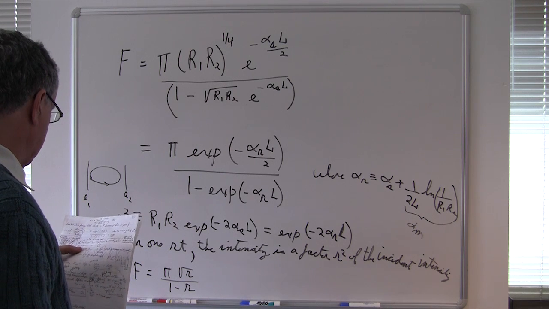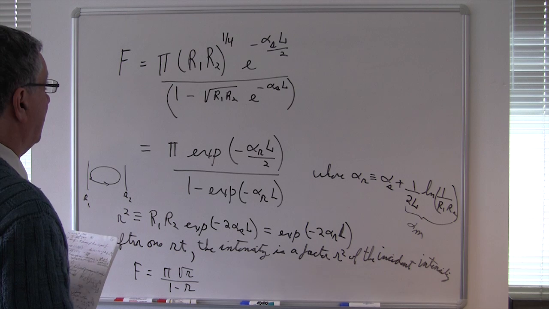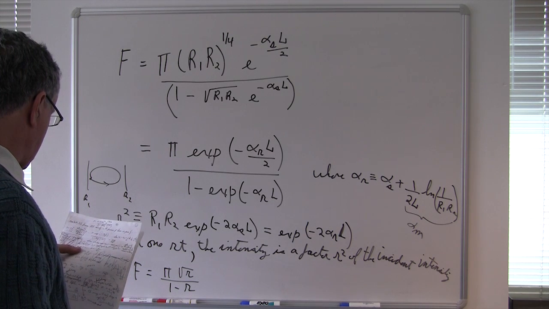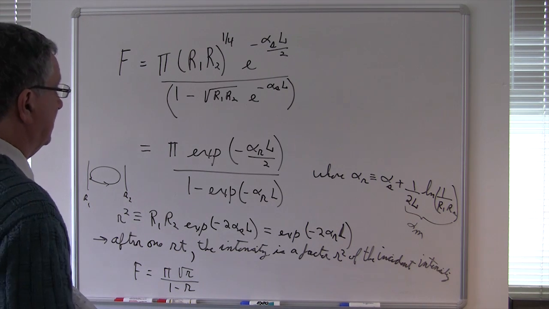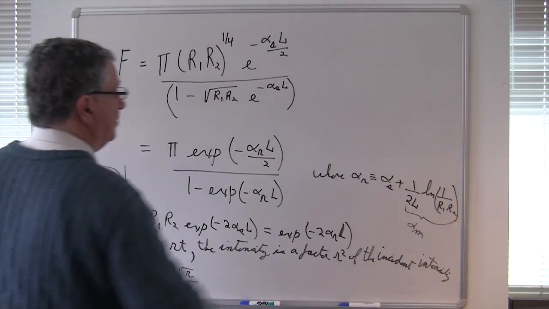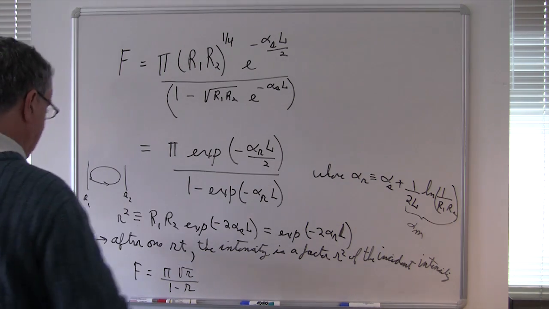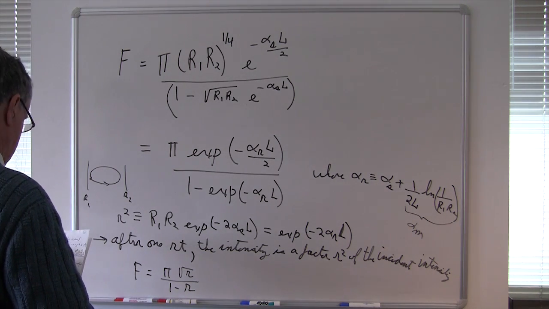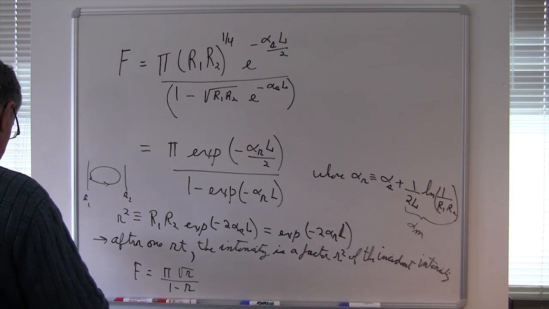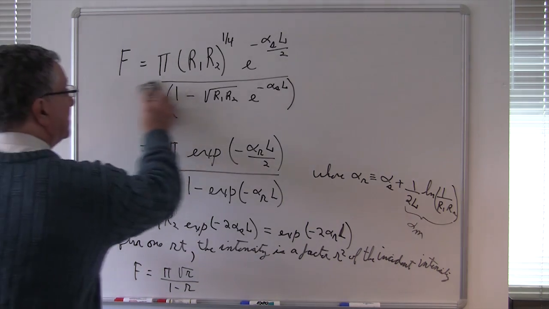What we're going to do is look at what happens in the case where alpha RL is much less than 1. So here, the overall distributed loss is much less than 1. I will keep that expression here, and I will erase the rest because I need the space.